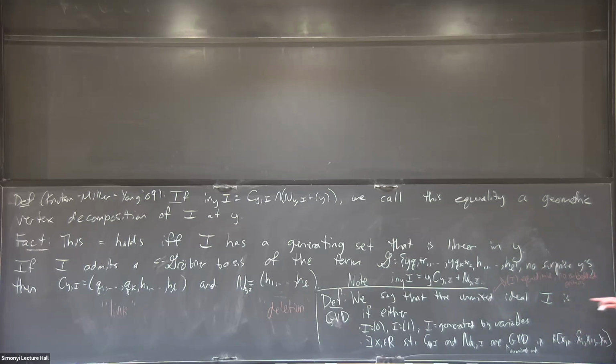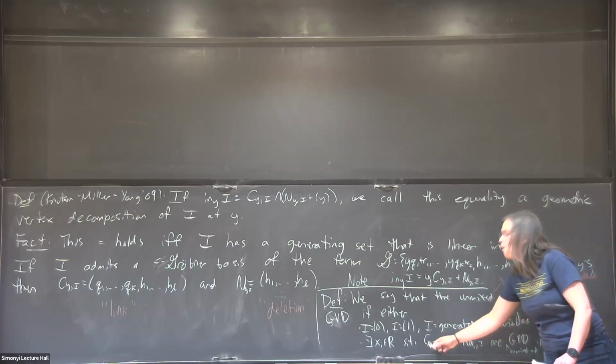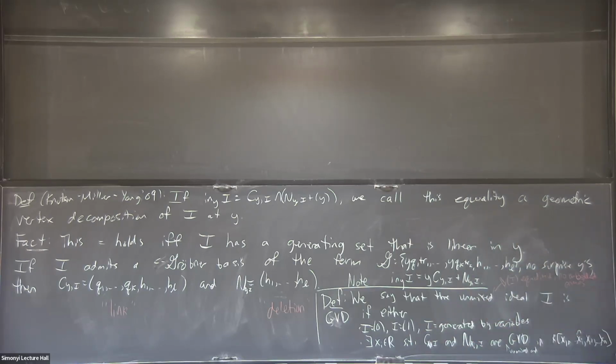But this definition was meant to be, I start unmixed, I decompose. In order for these to qualify to be vertex decomposable, they have to be unmixed. For this fact, the fact does not imply it's unmixed? No. This tells us we can go one step, but it doesn't even imply it's unmixed. No.